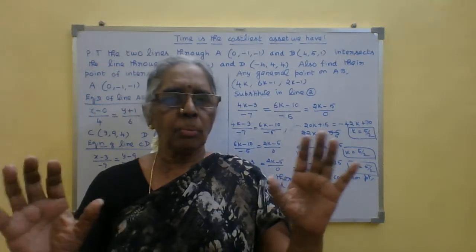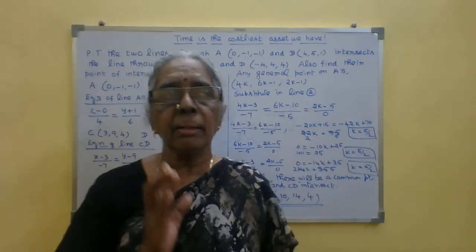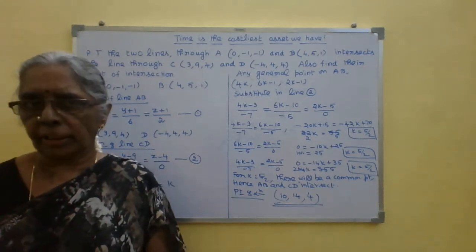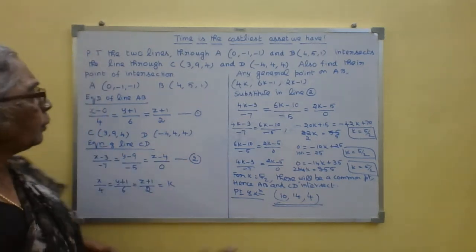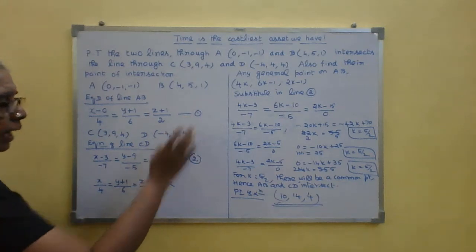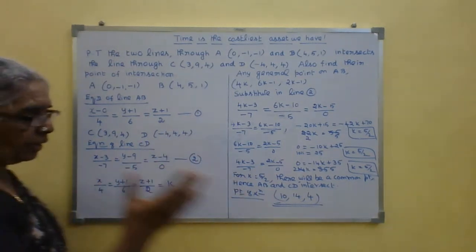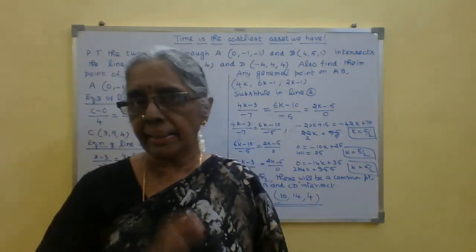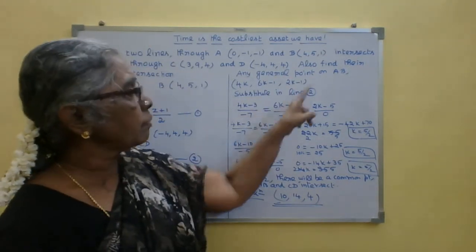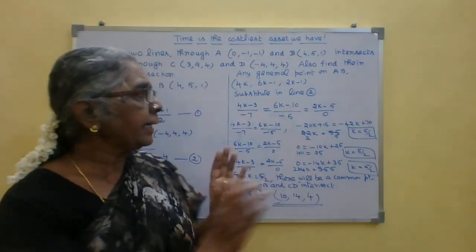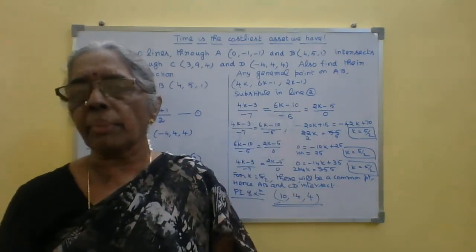Okay. So now let me briefly tell you what we have done. We know the equation of AB and CD that we have found by 2-point form. Fine. Now you take one line. I have taken AB. I am equating it to some k or lambda, whatever. I find any general point on that line AB. That I am substituting in my line 2. When I substitute, I get everything in terms of some k and some numbers.